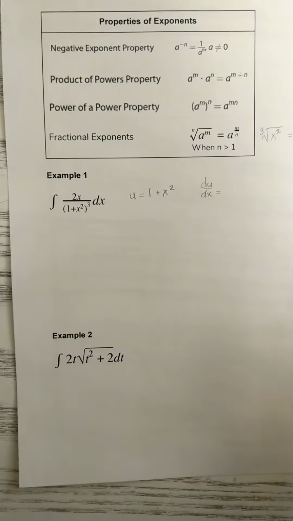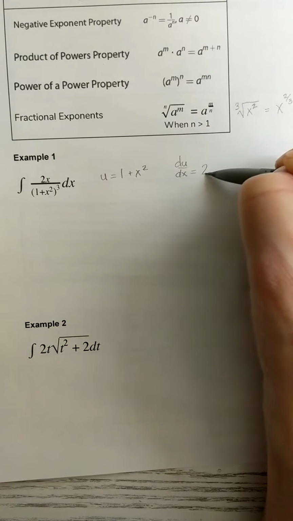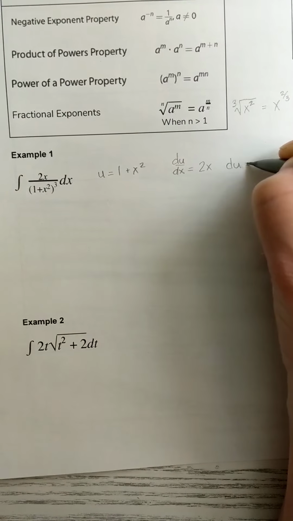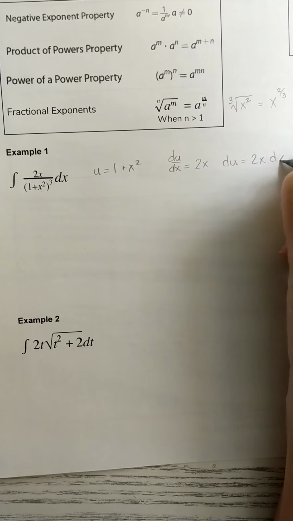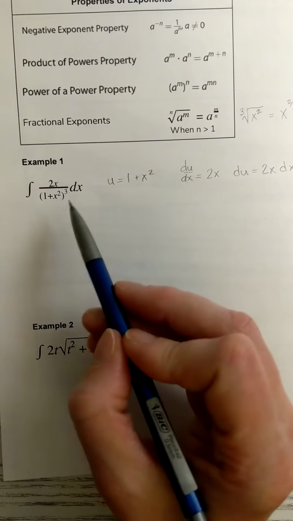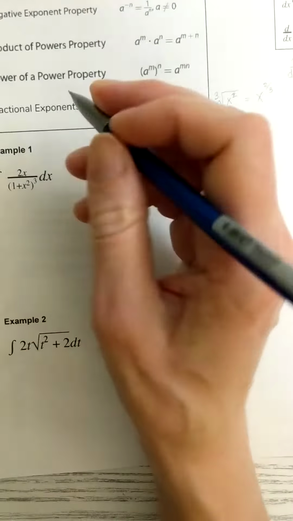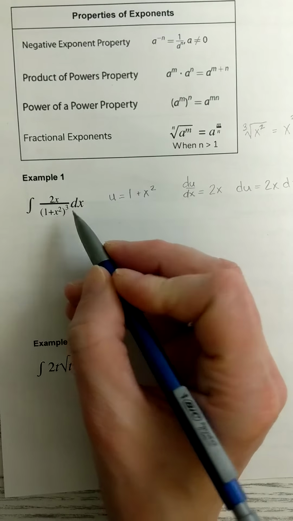And my derivative of u is, well, the derivative of x squared, I'm going to use the power rule. So that's 2x. So my du is 2x dx. Right. So now I'm just going to see, do I have a 2x dx? Yes, I do. And I have my u to the third power.